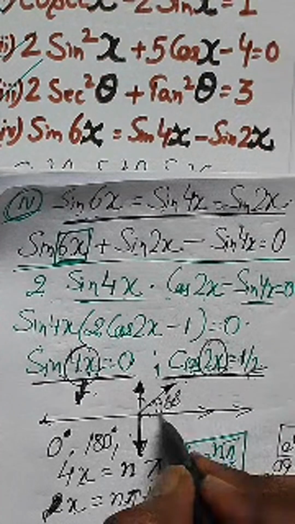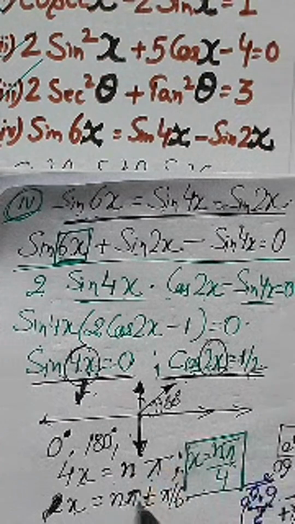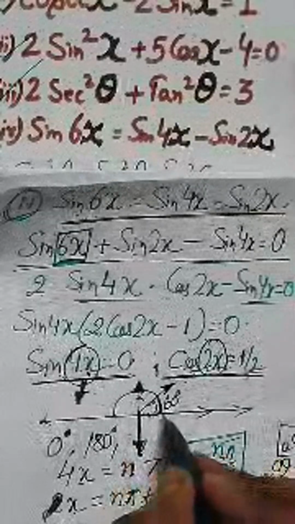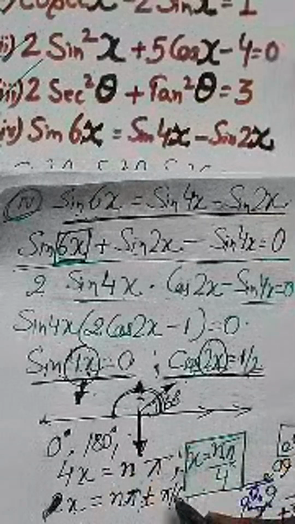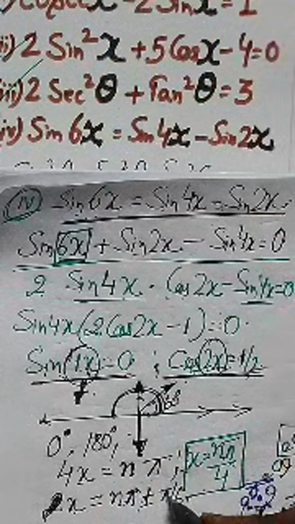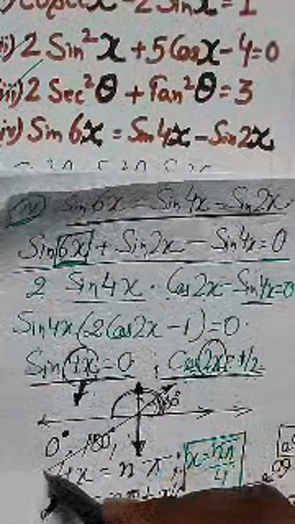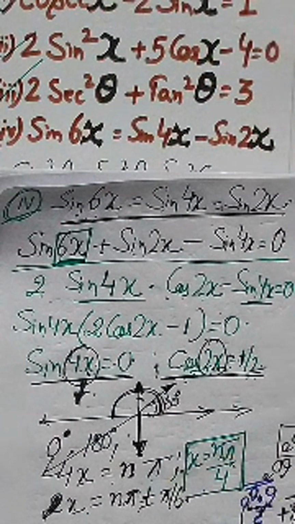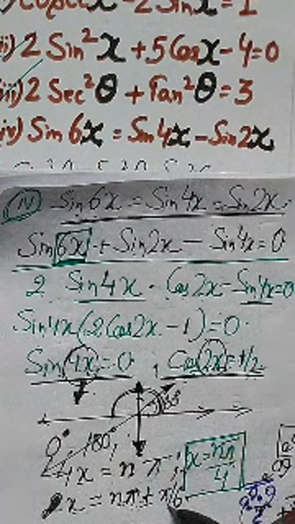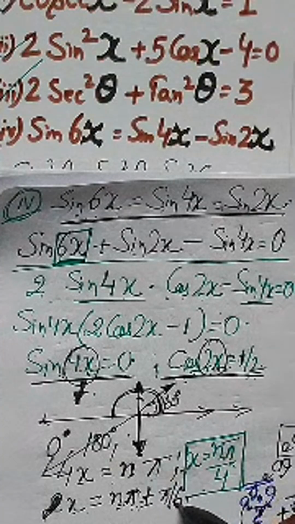That means if you are taking pi plus 60, either you are coming at 180 plus 60, that is 240, or minus pi by 6, or 180 minus pi by 6.